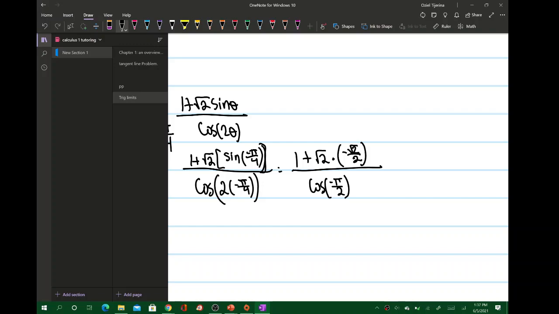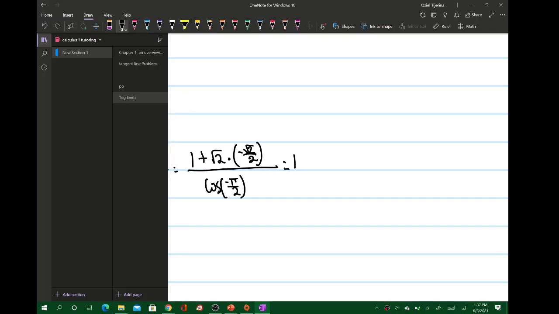So the numerator is 1 plus the square root of 2 times negative square root of 2 over 2, that's negative 1, so it's 1 minus 1, over cosine of negative pi over 2, that's just cosine of pi over 2, which is 0. So it's going to be 0 over 0, which is, oh no, right?